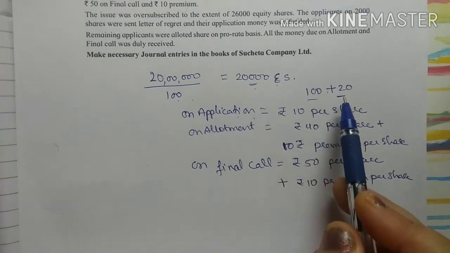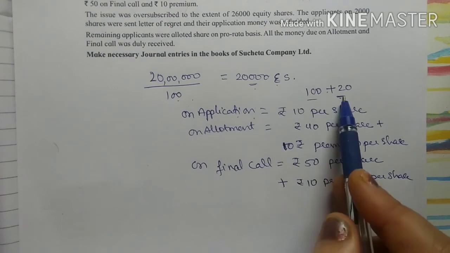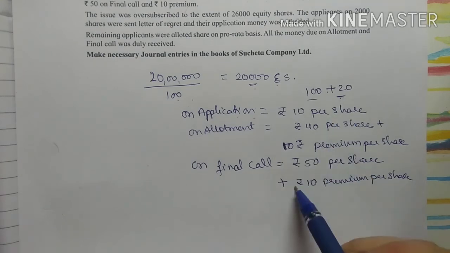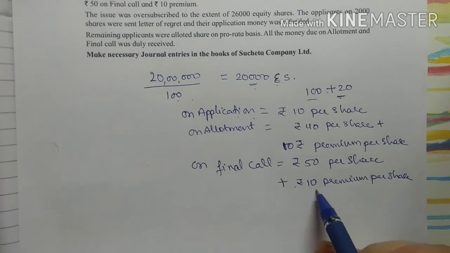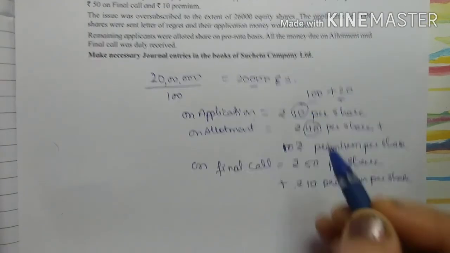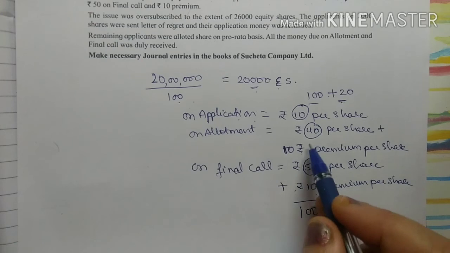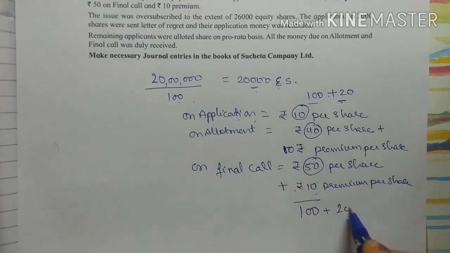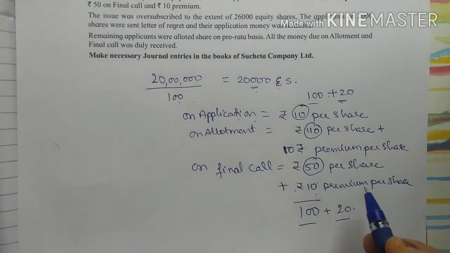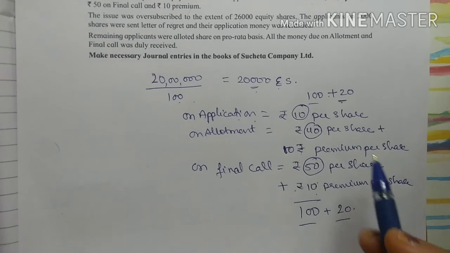So they have issued the shares on premium, that is on 20 premium, but they have split this 20 into 10 and 10. 10 on allotment, 10 on final call. So see, 10 plus 40, 50, 50 plus 50, 100. This is your share face value, plus 10 and 10 is what? 20 premium, right? So in this way the bifurcation has been done for the problem, that is the calls amount, right?